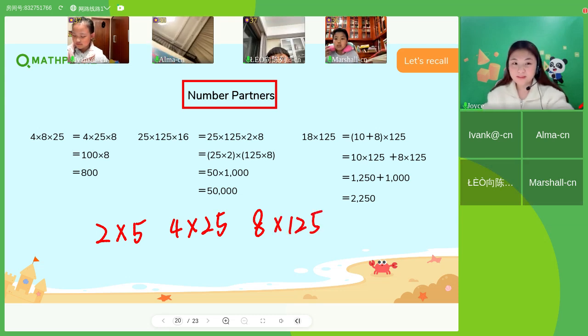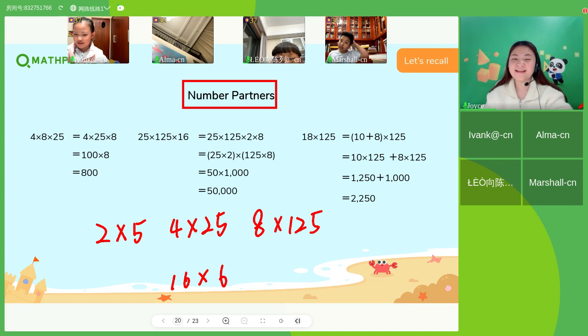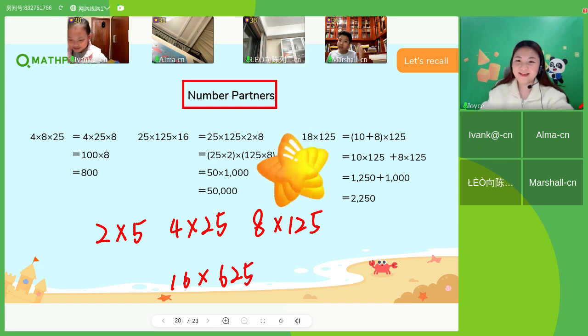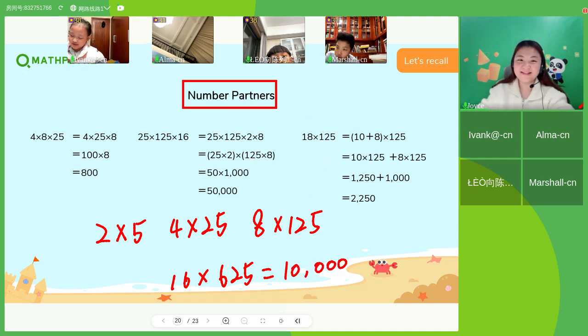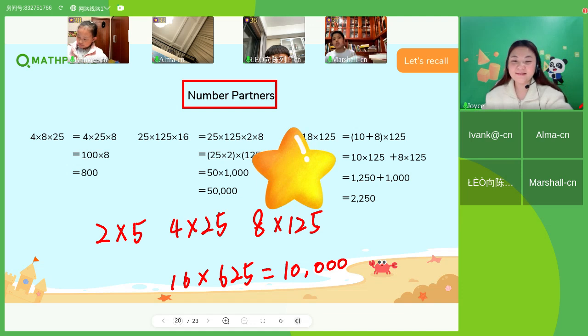The last one, what's the number partner of 16? 625. Yes, 625. What's the product? We times them equals? 10,000. Excellent, 10,000.